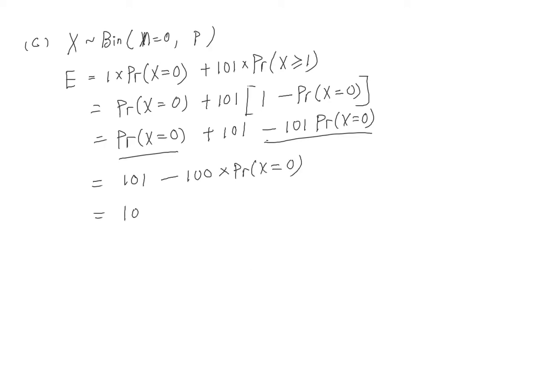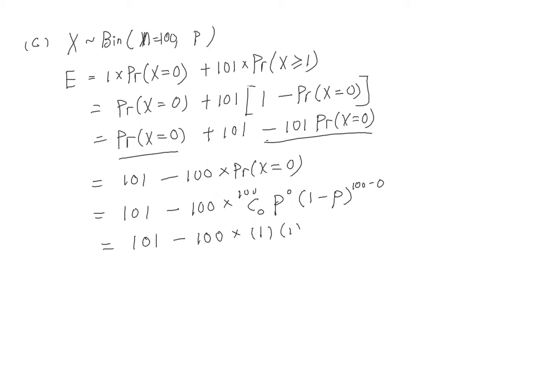So this one, I apply my formula. n is 100, C0, p to the power of 0, 1 minus p to the power of 100 minus 0. So I got the formula. This is 1. This is 1. I just follow the formula. I cut short my answer there. Okay?